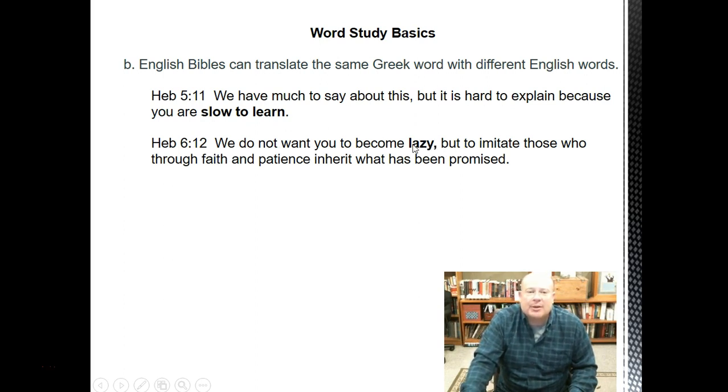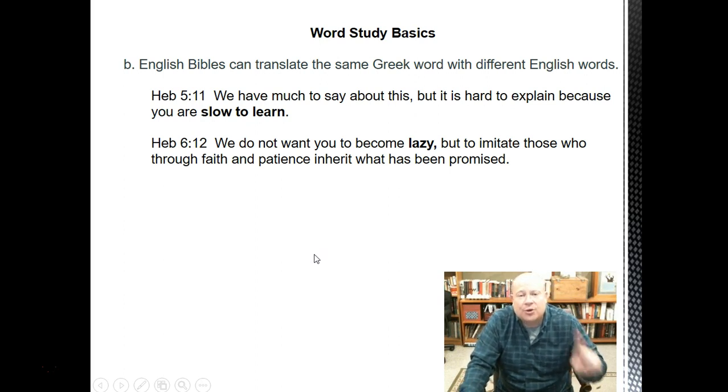Same word. So maybe their slowness to learn isn't dyslexia, maybe it's laziness. But you wouldn't even know that unless you could get back to the Greek, right? So, one, do your word studies with a tool that can take you back to the Greek and the Hebrew.